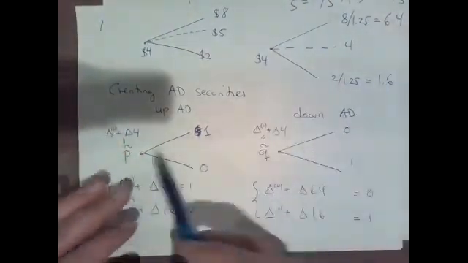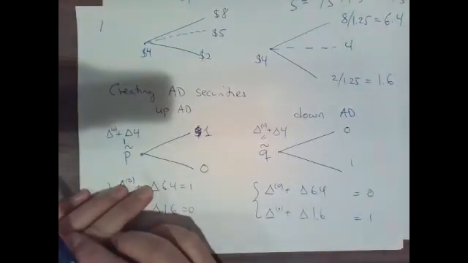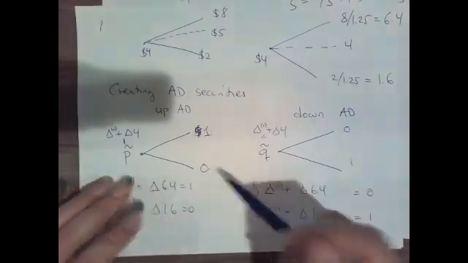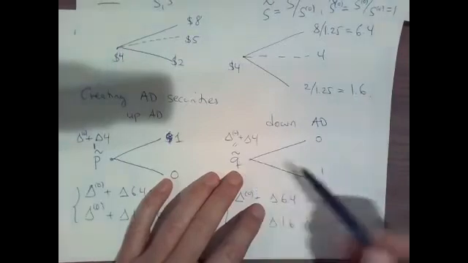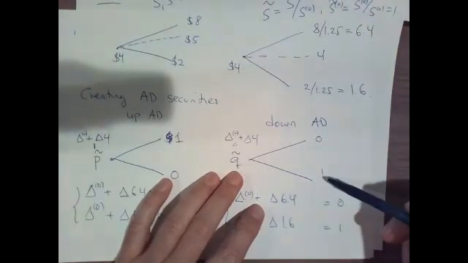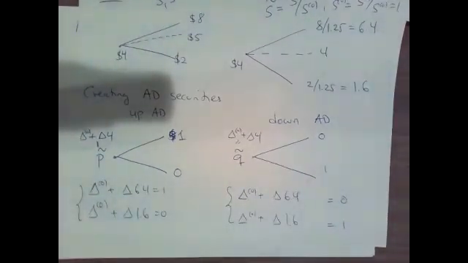So no arbitrage should tell you that P tilde is going to be strictly positive, and strictly less than 1. The same properties hold for Q tilde: strictly positive, strictly less than 1. And when you add them up, you get 1.